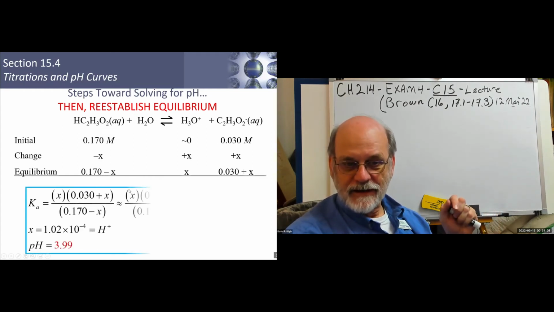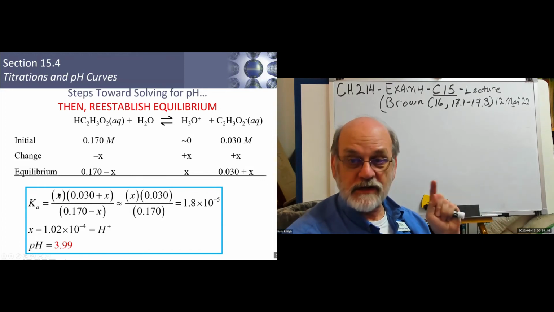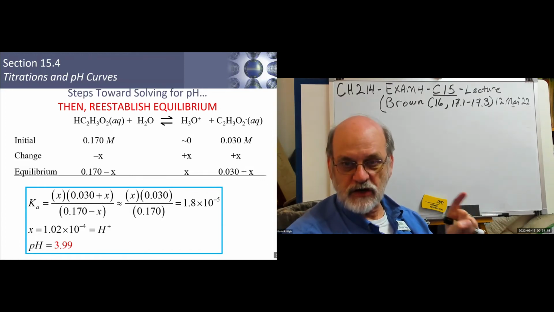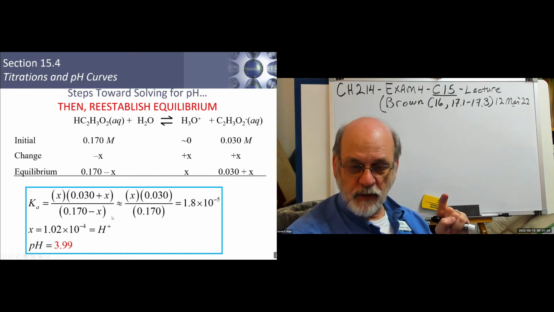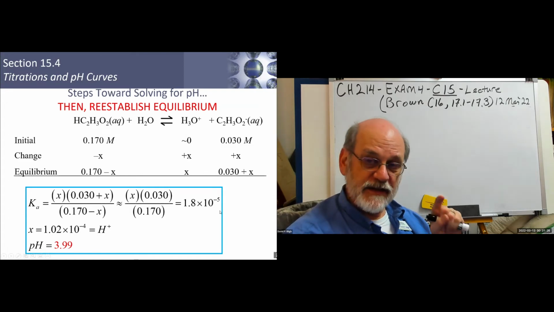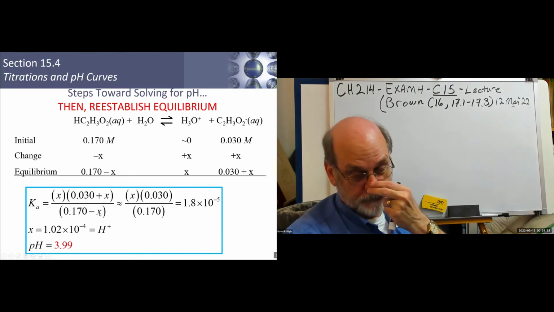Okay. Now, if we generate an equilibrium expression for that equation, and we know what the K is because it was given to us in the initial problem, 1.8 times 10 to the minus 5 is the K. And this is the expression. We're saying that since this K is so small, that X in the denominator will go away.